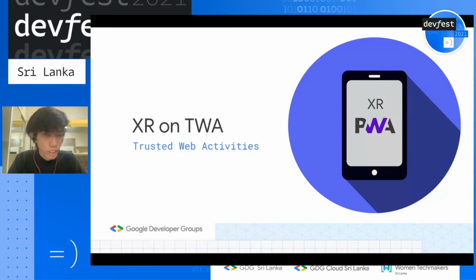Here, as we can see, there is a word called trusted, which means this is a website that we really can trust. Why trusted? We will talk about that later. Maybe some of us didn't realize that PWA and TWA are really compatible and really amazing.